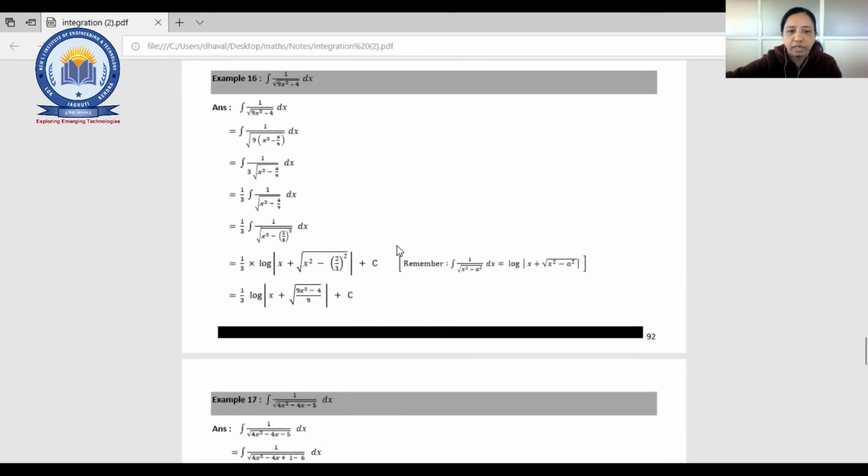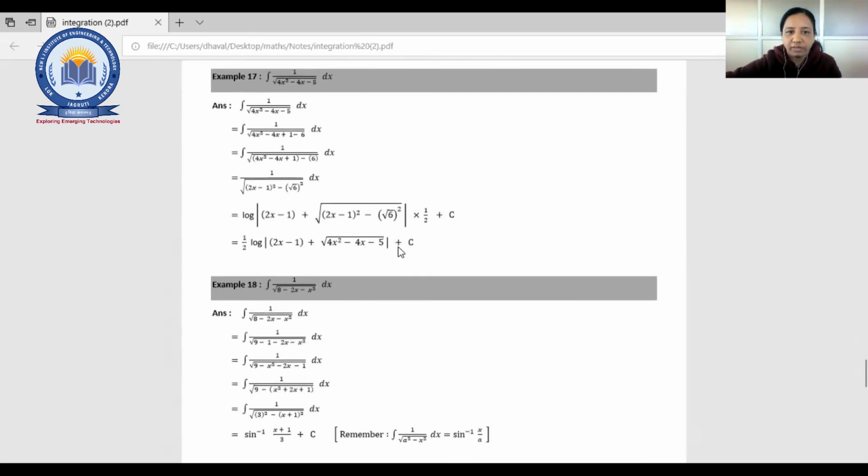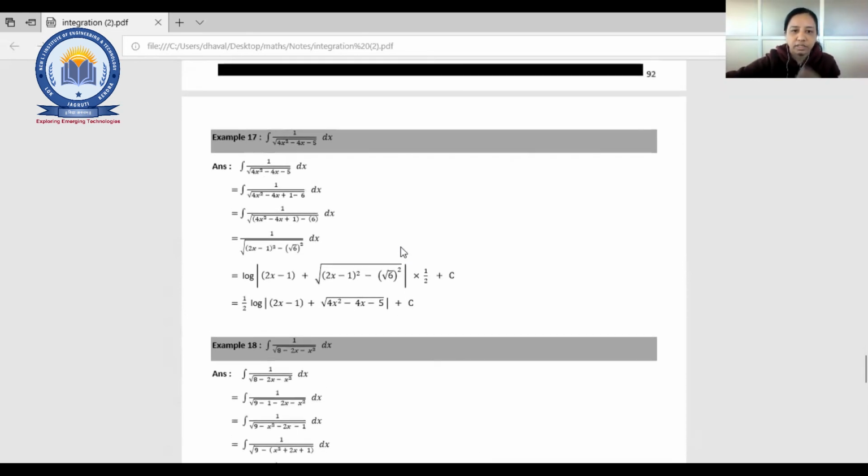If you have any doubt, meanwhile you can write it down in the chat box, right? Because these examples are of the same kind, so I'm not asking at each example. Fine. So here also 4x square minus 4x plus 5. Here the concept you want is x square minus a square, so obviously you require a last term.